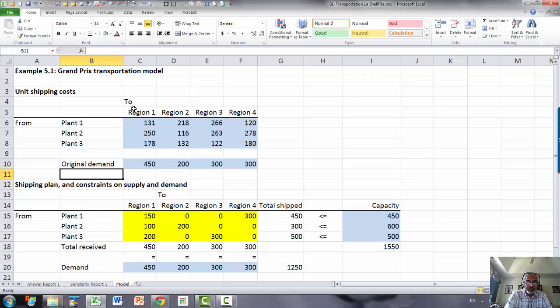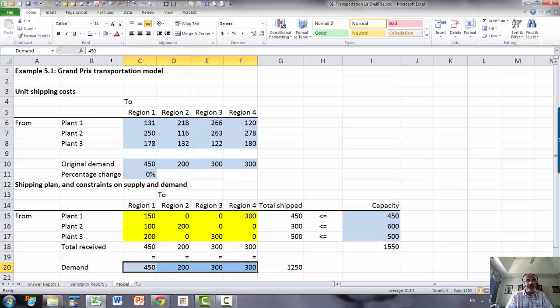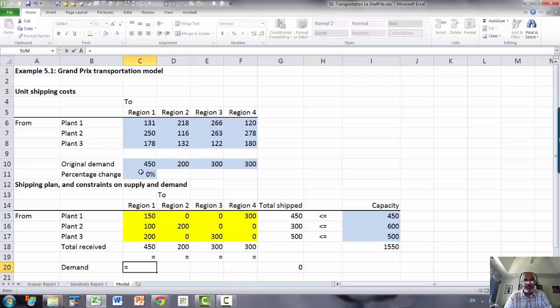We'll call this original demand. Then we will use percentage change as a single input value. Right now we'll use 0%. So the actual demand is now going to be, I'm going to erase that and instead use, okay, let's give names first.